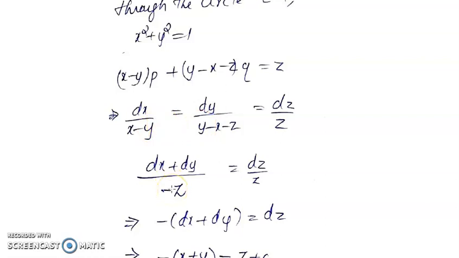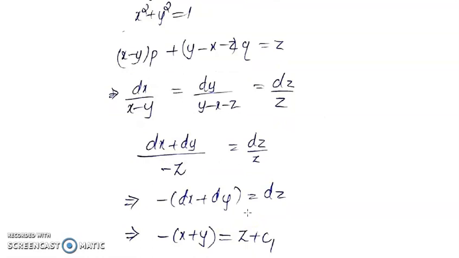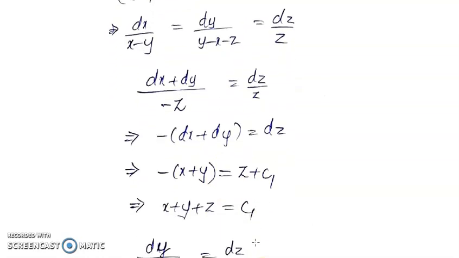So in the denominator you will have minus z, and that is equal to dz by z. So that gives me minus of (dx plus dy) equal to dz. On integrating you will get minus x plus y equal to z plus c1, or I can write it as x plus y plus z equal to c1.